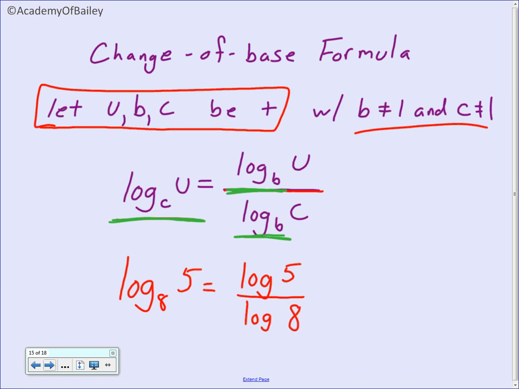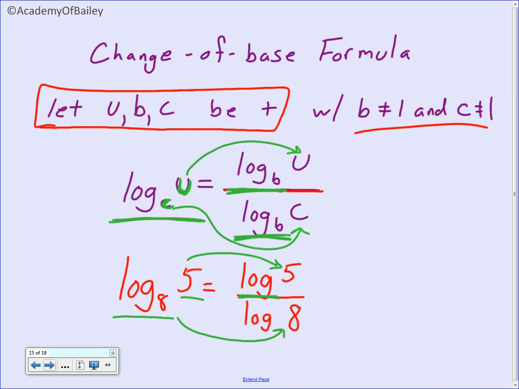So they're going to have the same base, and then u goes with the log on top, and c goes with the log on bottom. In our example, log base 8 of 5, I chose log base 10, and remember the 10 is invisible, so I chose log base 10 for both the top and the bottom. The 5 goes on top, the 8 goes on bottom.